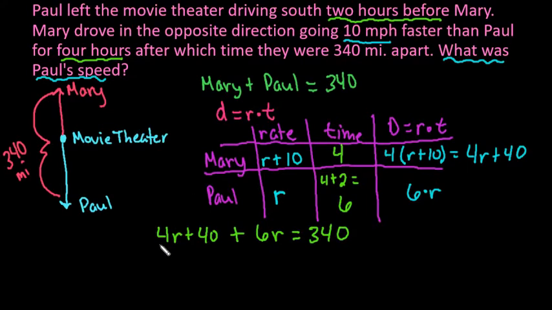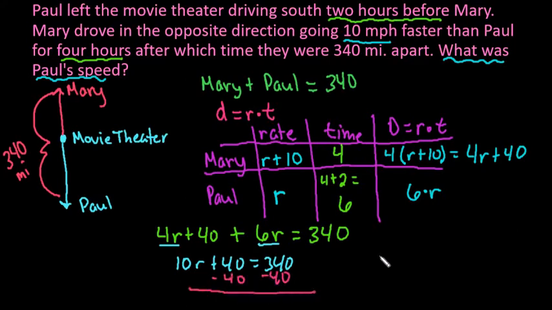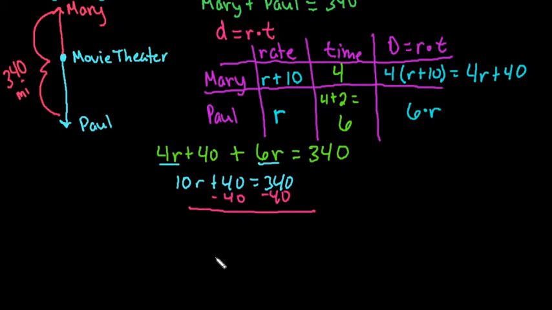Now if we solve this problem, remember we start by adding like terms, so we would have 10r plus 40 is 340. We want to bring the 40 to the opposite side, so subtract the 40. And we have 10r equals 300. If we solve, we end up with the rate equal to 30.